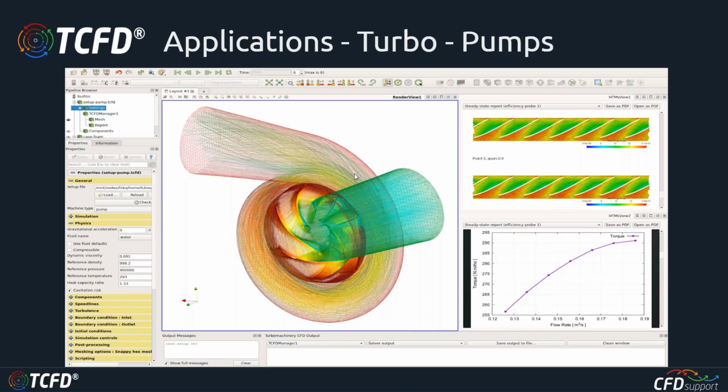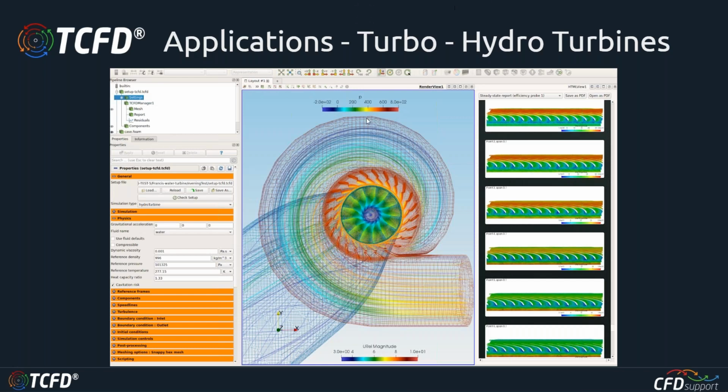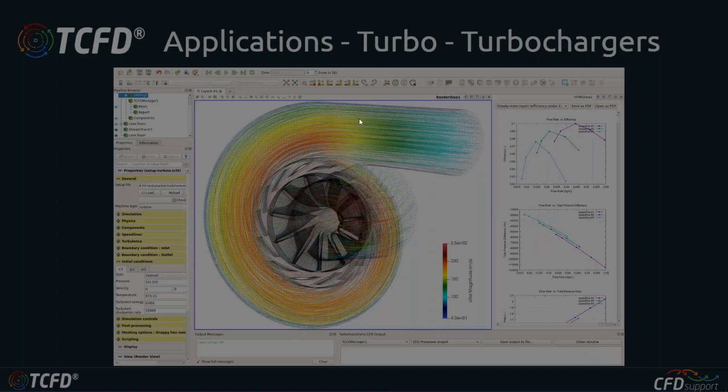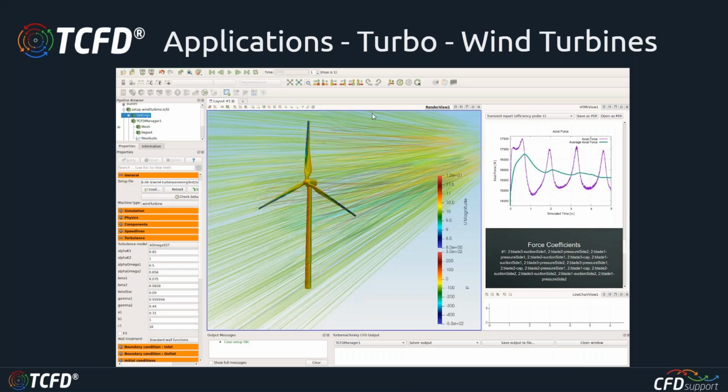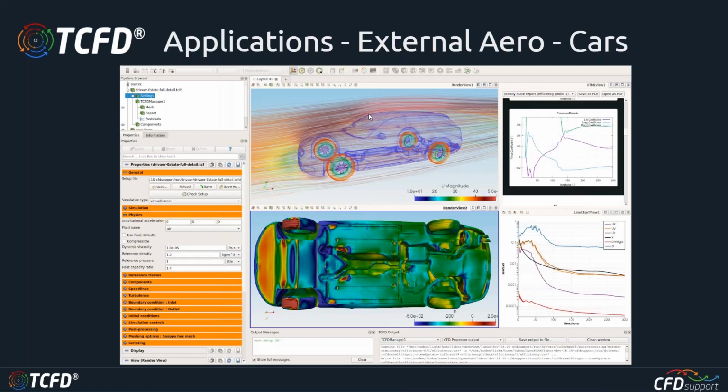About the main applications, TCFD's core business has always been turbomachinery simulations, for example, many kinds of pumps of all sizes, both radial and axial pumps, and also fans and blowers, hydro turbines, compressors, or turbochargers, and wind turbines, for example. Later, what had worked so well in the turbomachinery field, we decided to extend to external aerodynamics to simulate cars or aircraft.